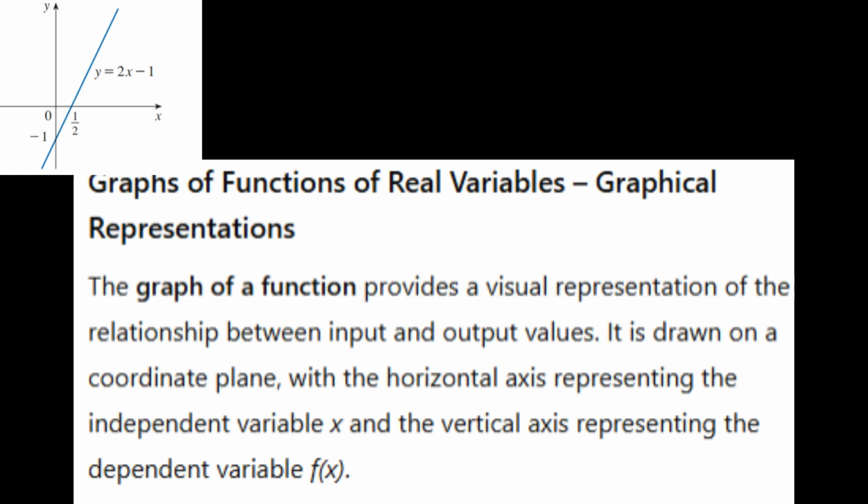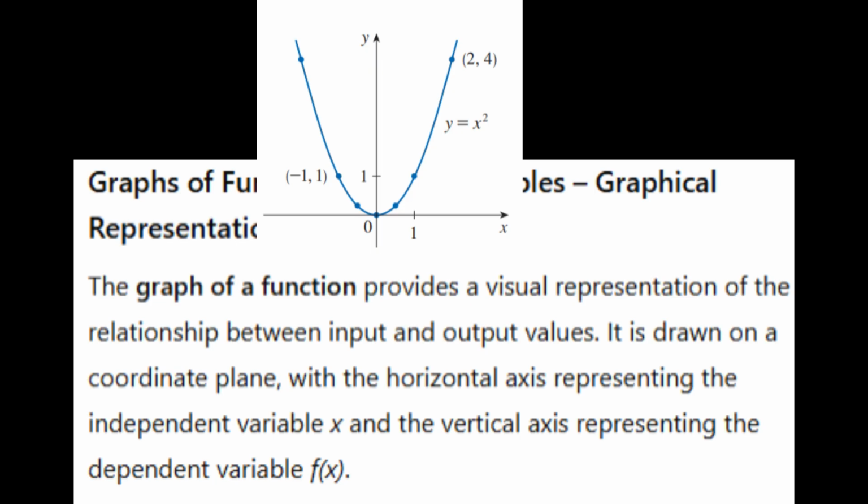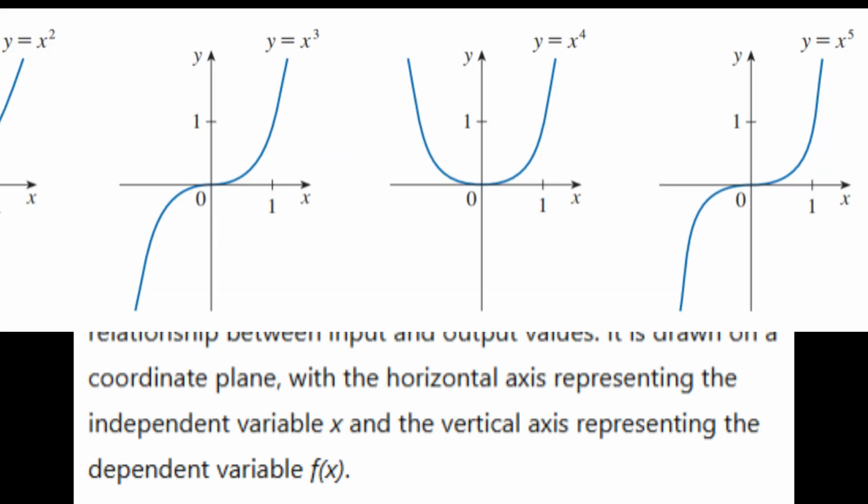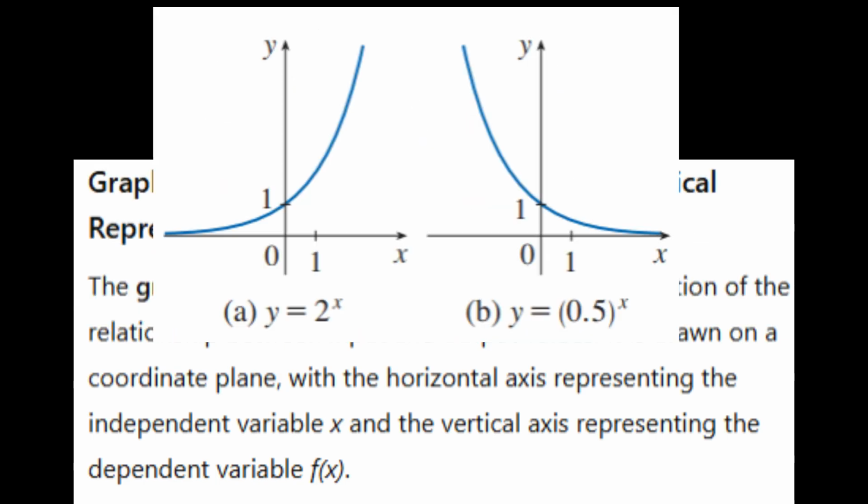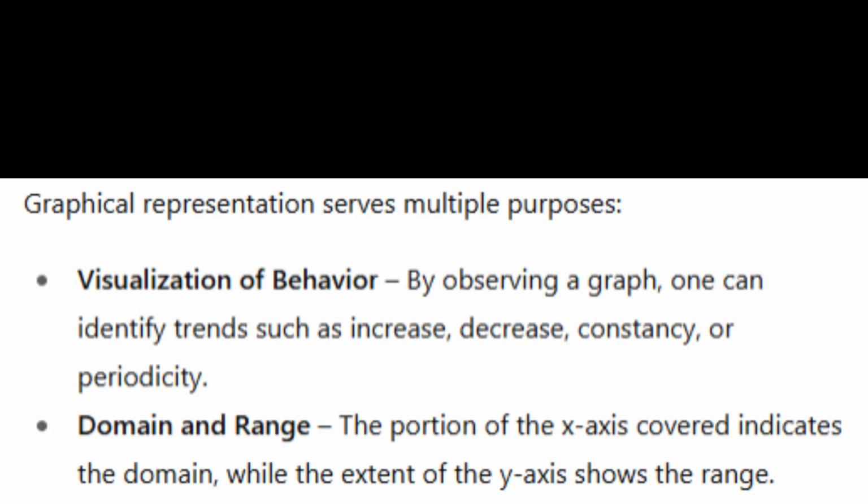Graphs of functions of real variables. Graphical representations. The graph of a function provides a visual representation of the relationship between input and output values. It is drawn on a coordinate plane, with the horizontal axis representing the independent variable x and the vertical axis representing the dependent variable f(x). Graphical representation serves multiple purposes.